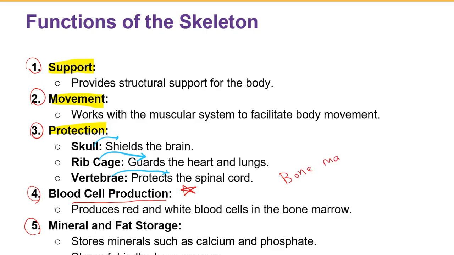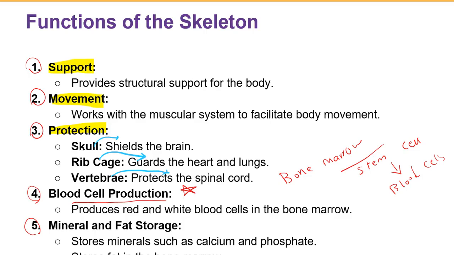In bone marrow, we have stem cells, which are cells that can divide unlimitedly and can differentiate or become other cells like our blood cells. So that's the reason our skeleton, our bones, are involved in blood cell production.